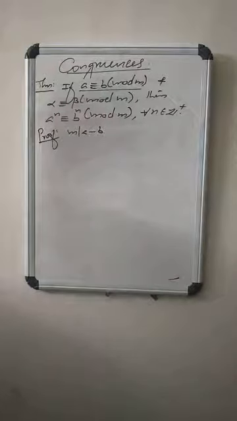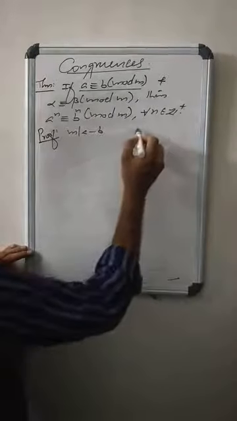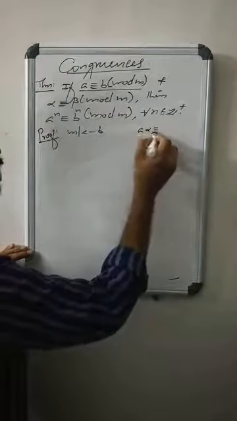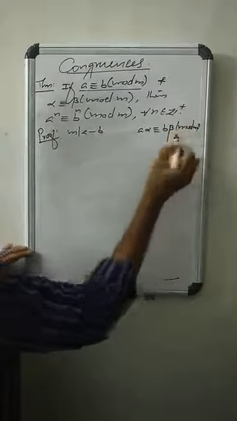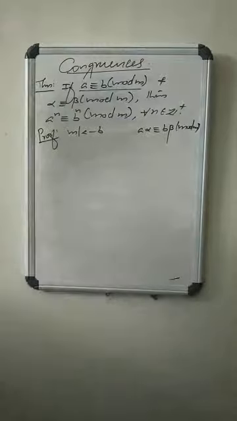We also proved that when a is congruent to b mod m and alpha is congruent to beta mod m, then a alpha is congruent to b beta mod m. This is already proved.